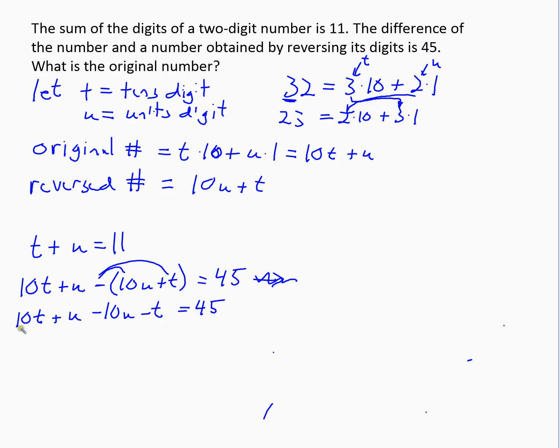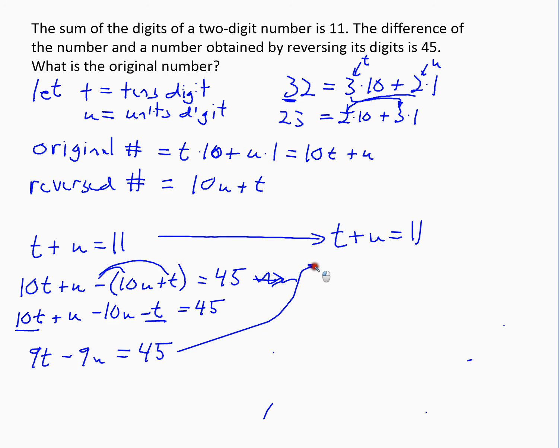Then we have like terms: 10t minus t is 9t, and u minus 10u is negative 9u, equals 45. And now we also have t plus u is 11. From this, we have 9t minus 9u equals 45.